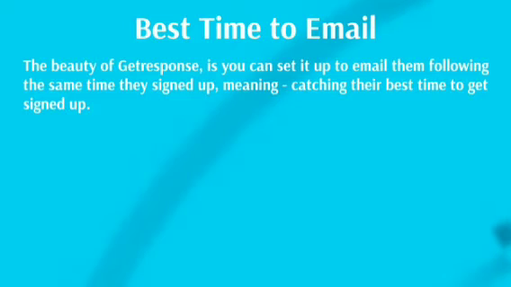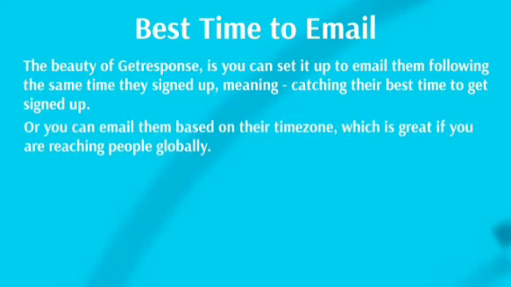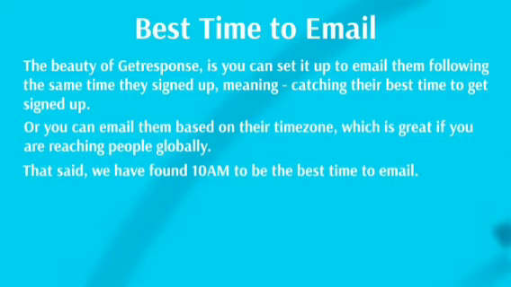So that's why it's crucial to understand when your prospect is actually near the email, they're near their desktop, they're awake, they're not working, and all of that. And like I said, you can email them based on time zone, which is great if you are reaching people globally.